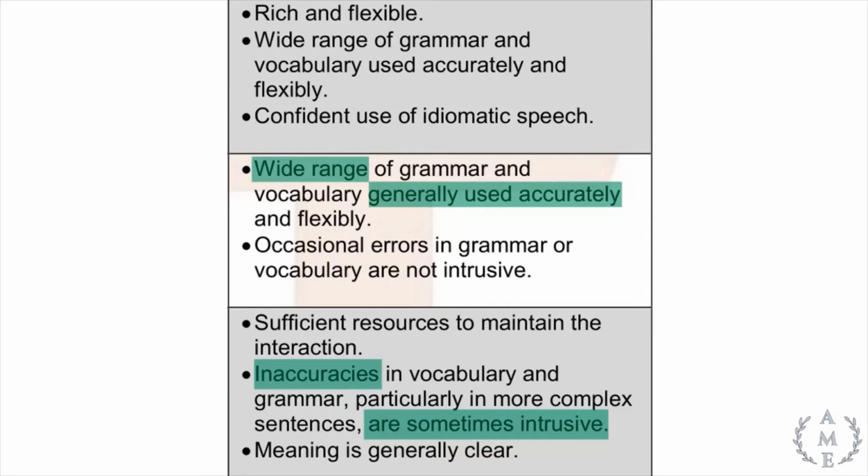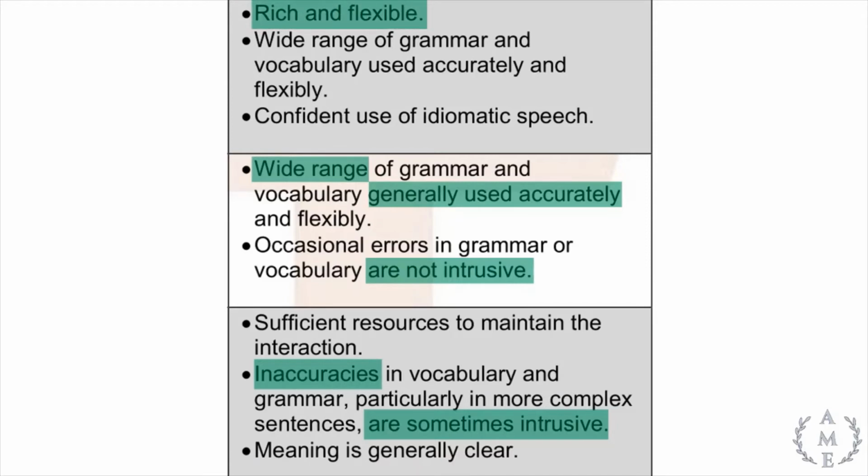It needs to be used in the right context, naturally, and you need to get these structures right when you do use them. So there's not that tolerance for error when it comes to the formation of your grammar. And any errors that you do make should not be intrusive, so they should not get in the way of communication.